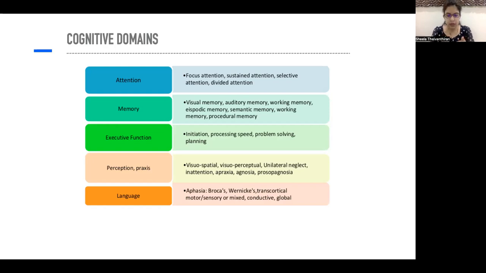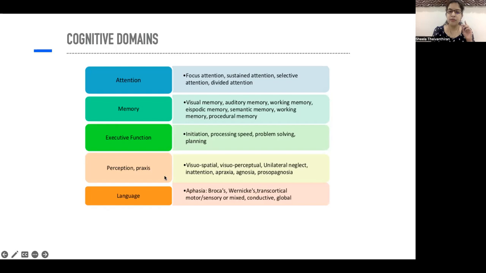Sustained attention is when you carry this attention for longer periods. Selective attention is like being in a football stadium, it's so noisy, but you really focus on the game, where the ball is going from one place to the other. Divided attention is more like multitasking.